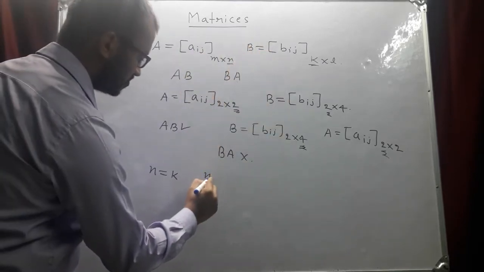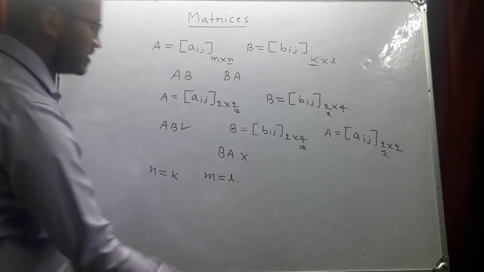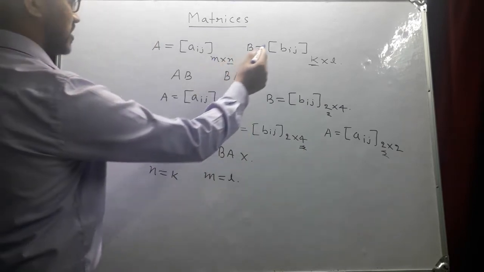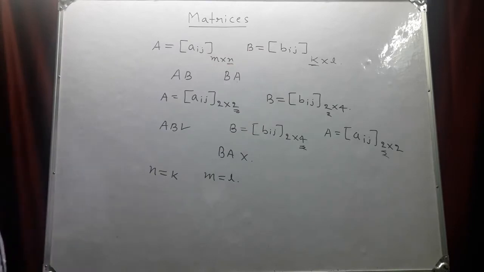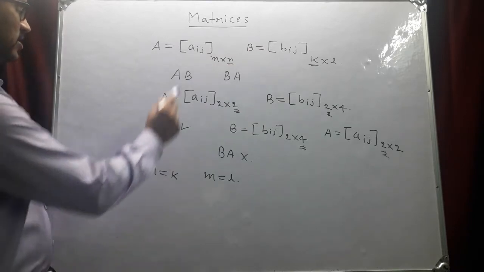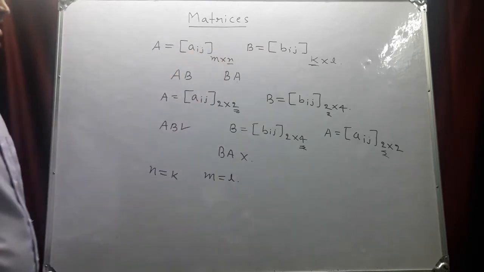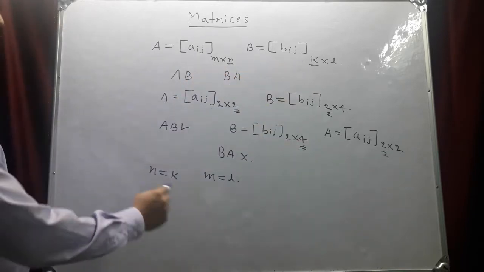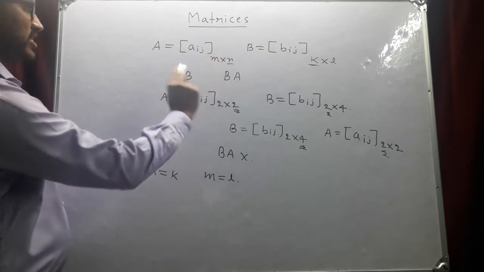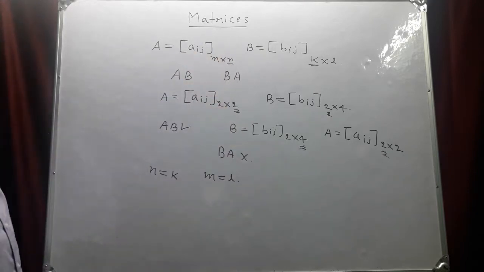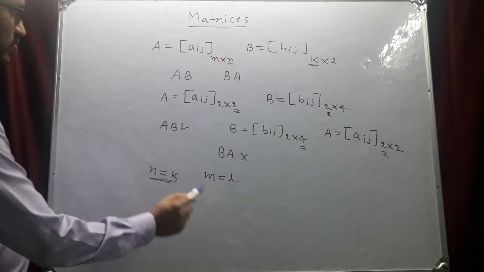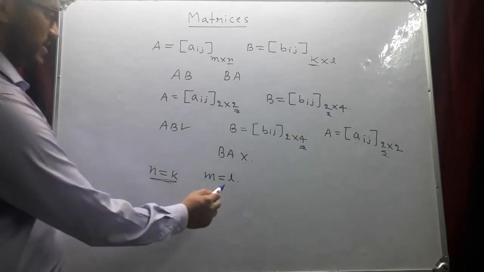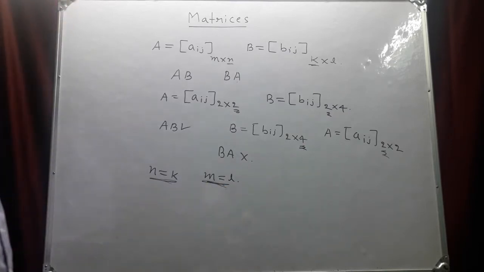Also, if m equals l, then we can find the product BA. So remember this condition. Suppose A and B are any two matrices of the order m by n and k by l. Then the product AB as well as BA is defined with the condition n equals k and m equals l.